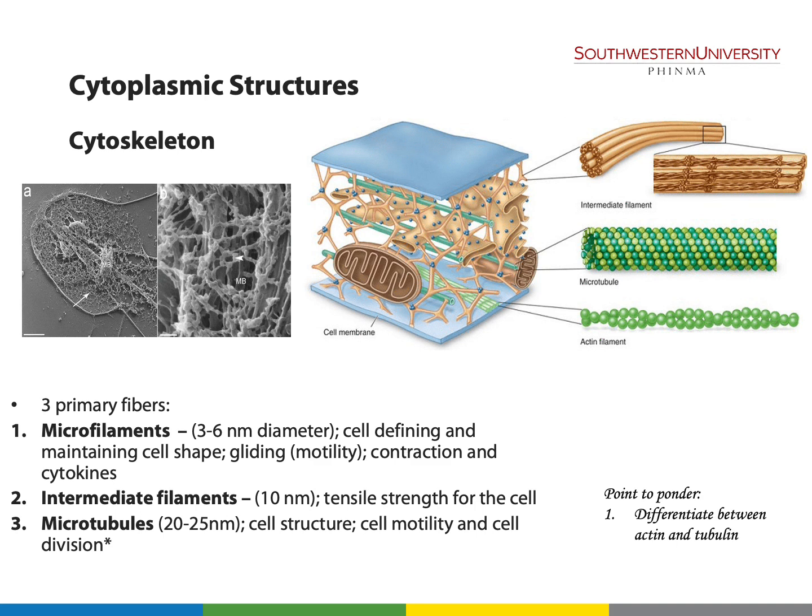Then you have your intermediate filaments, which measure 10 nanometers in diameter and commonly function for the tensile strength of the cell. And lastly, microtubules are responsible for cell structure, cell motility, and cell division.